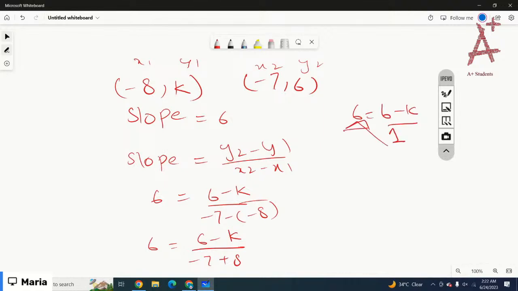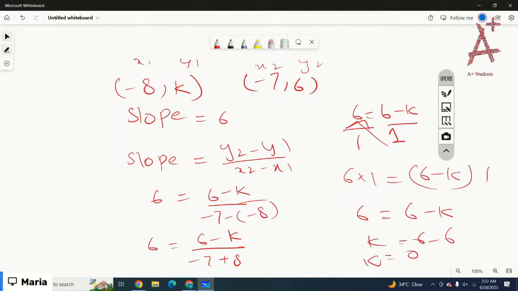Just do cross multiplication. So it would be 6 times 1 equals 6 minus k times 1. That is 6 equals 6 minus k. So you have to move k to the other side and then move this 6, 6 minus 6. That means k equals 0. Got it? That means the missing coordinate is 0.